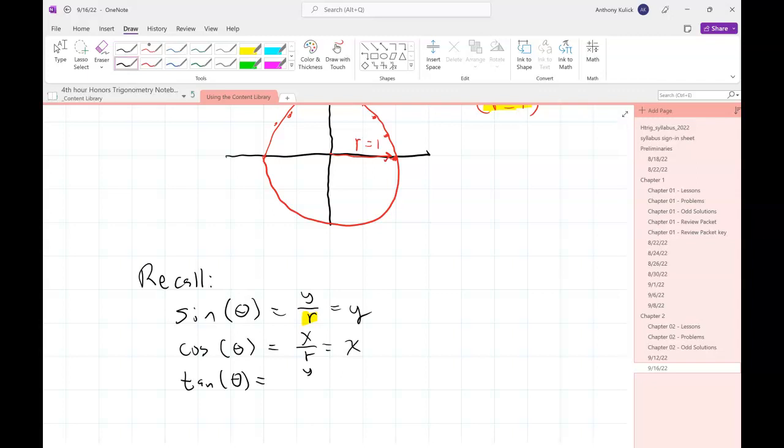Tangent theta was y over x, but nothing changes there because there's no r involved. Cosecant theta was r over y, but again, we're on the unit circle, so that just becomes 1 over y. Secant theta was r over x, so that becomes 1 over x. And cotangent theta just was x over y. Nothing changes there because there's no r involved.